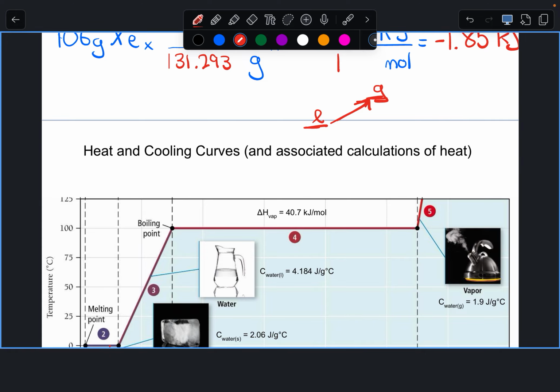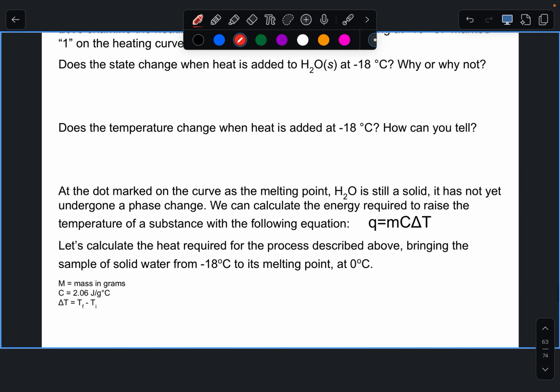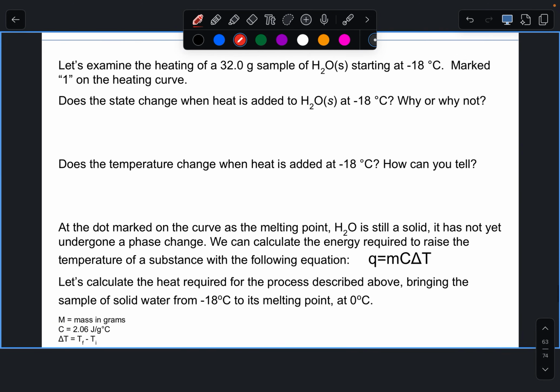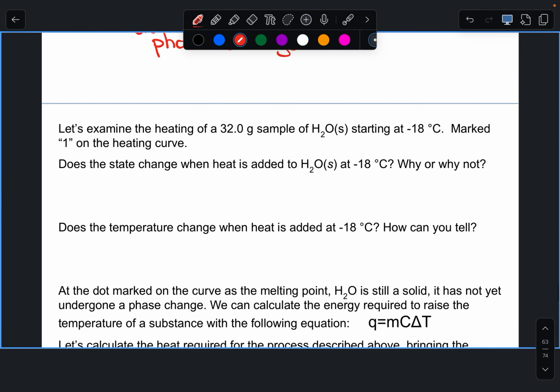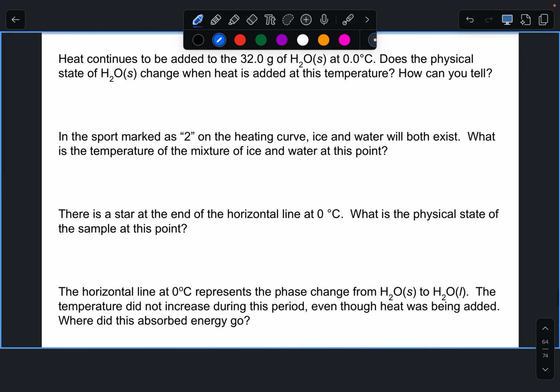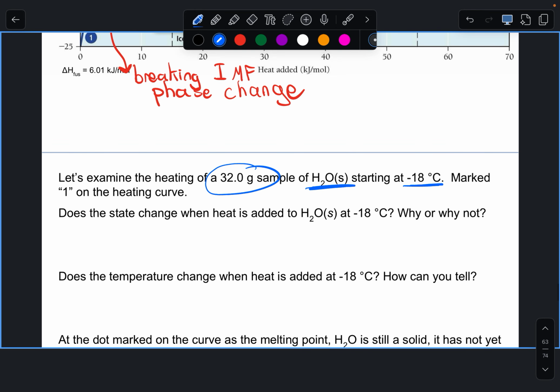But okay, so let's go through these questions and calculations. I want to summarize what process we're talking about here, because I feel like it's not very clear from the beginning. We're going to take this 32-gram sample of water in the solid phase at negative 18 degrees Celsius. That's our starting point. The ending point is listed further down, so I'm going to summarize it up here.